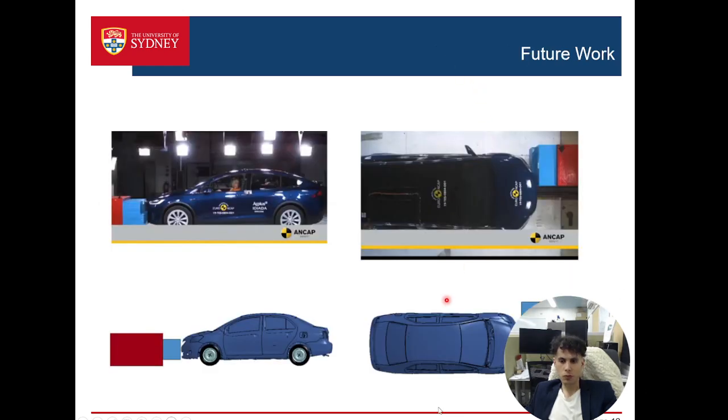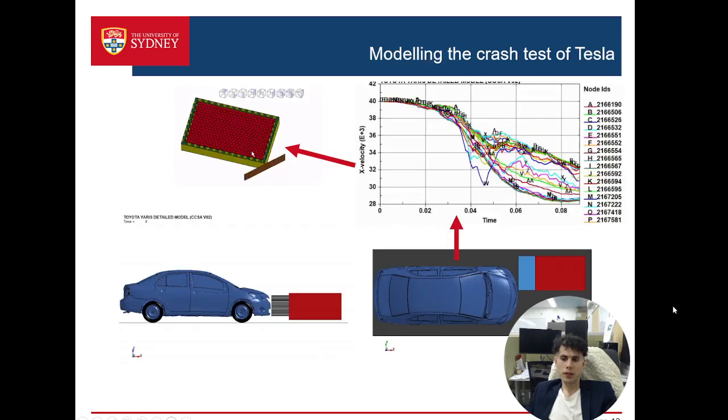Future work: we want to put those new batteries that we developed inside of the Tesla cars. You see that these two tests have been conducted in Australia, and we are conducting the simulation of the test here using Palestina.